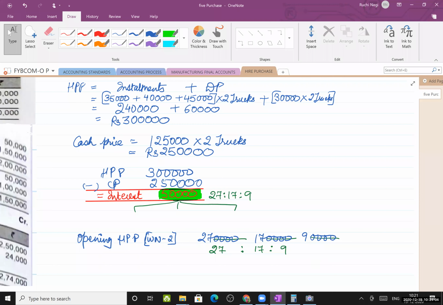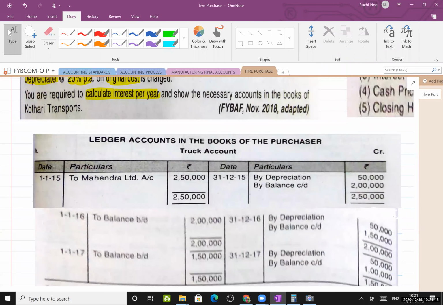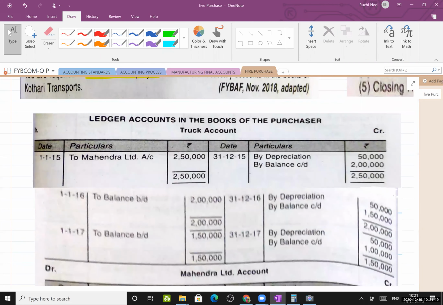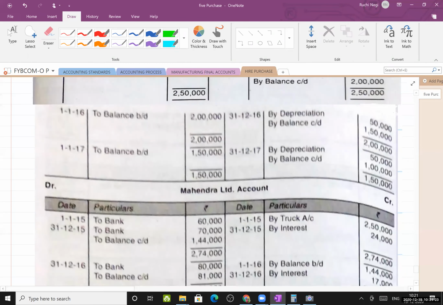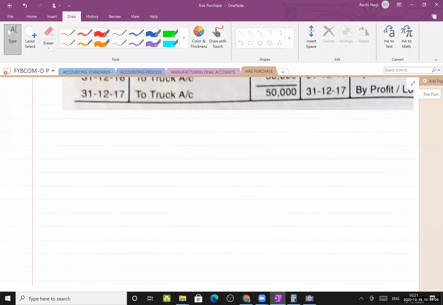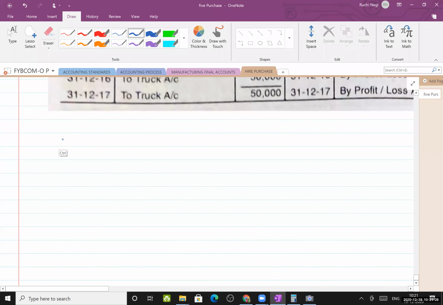So just start with your ledger, just check. You know the steps that you have to repeat? I'm writing down those steps. Step 1, step 2, step 3, step 4, step 5, step 6, step 7. What is the first step?